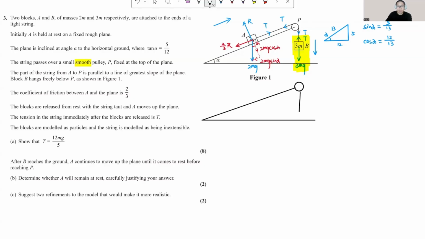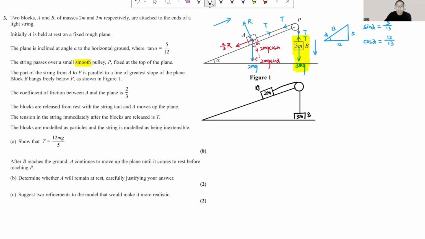So B is already on the ground, so that would be particle B, again 3m. And then particle A should move a bit more as B moves up. So particle A would be at this position.